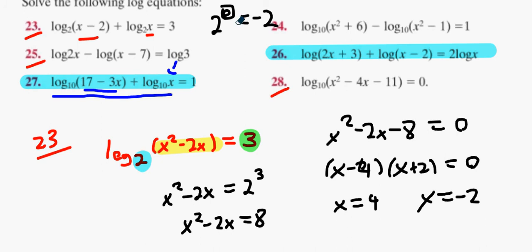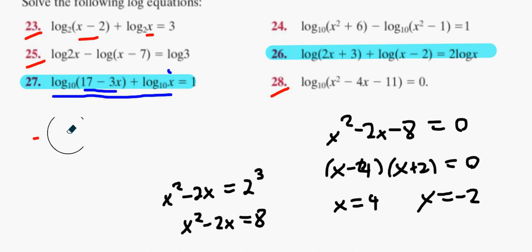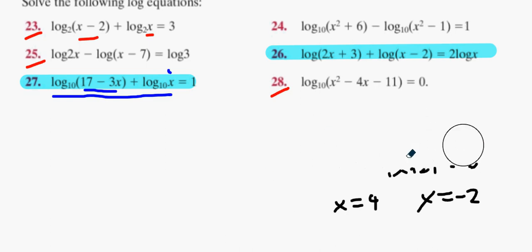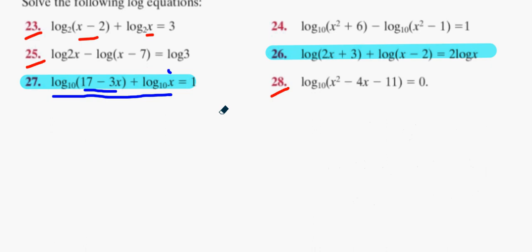Okay? Alright, what's the next one you want done? 25? Alright. In 25, do they all have the same base? What base do they have? There is no base. What does that mean? It's automatically 10. So what can I do? It's subtraction. So what can I do with subtraction?